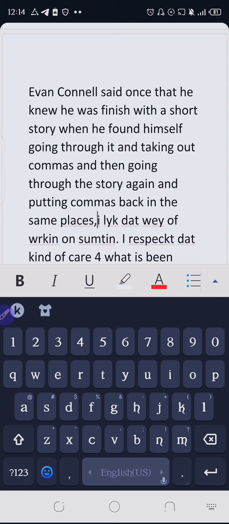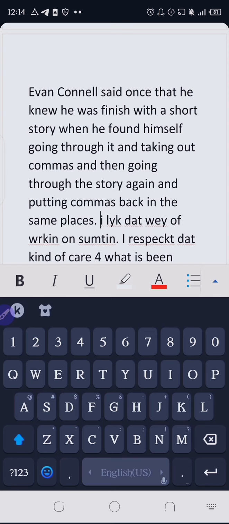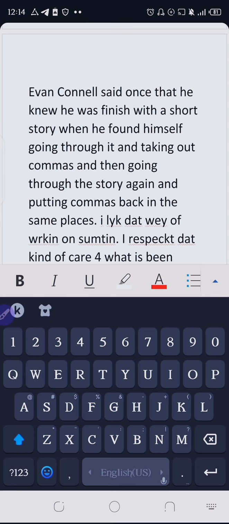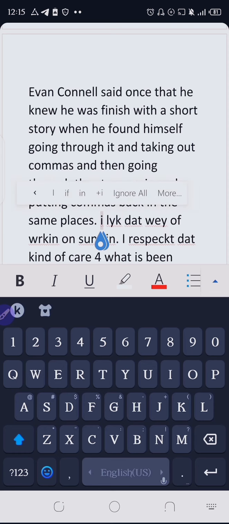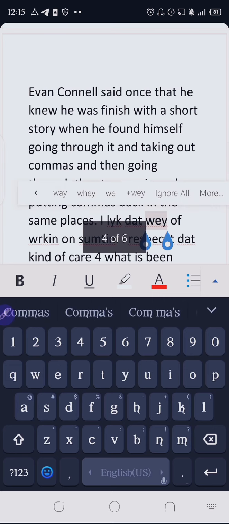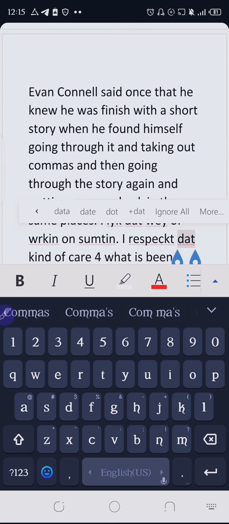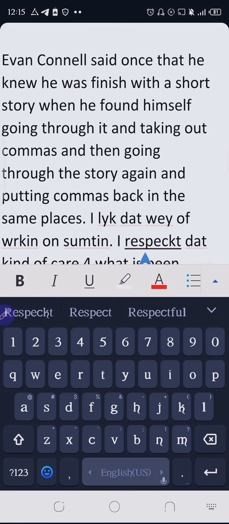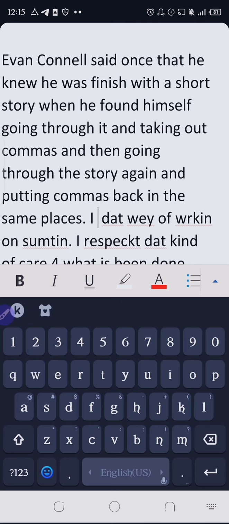So, in the same places, that should be a full stop there, and then remember the rule: a full stop, then bang the space bar. Let us have a space there. So remember I, that's to be capital letter I. I like this abbreviation. This particular sentence is filled with abbreviations. So let's get out all of the abbreviations here.